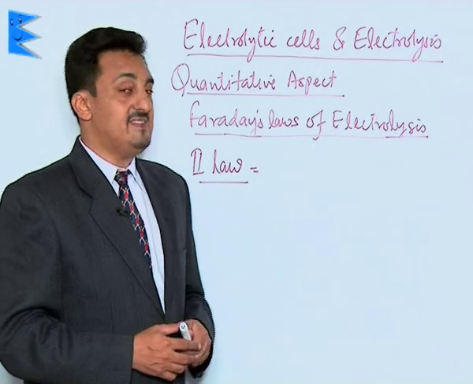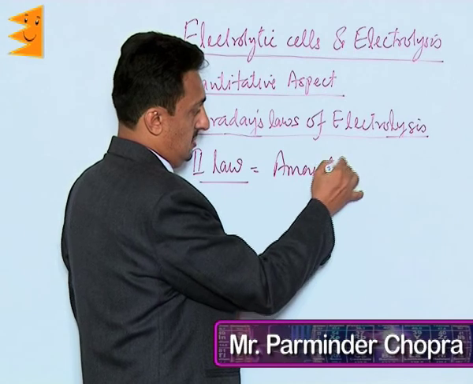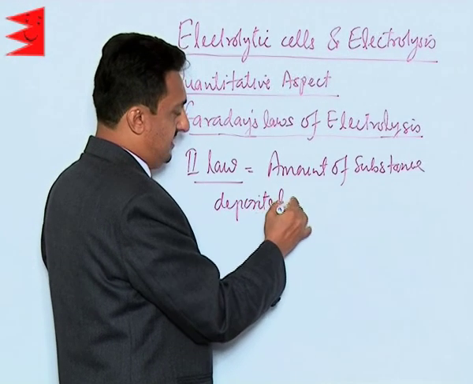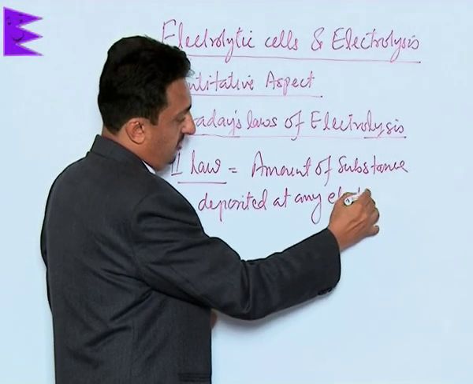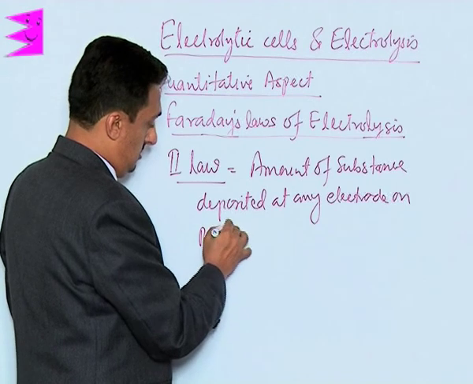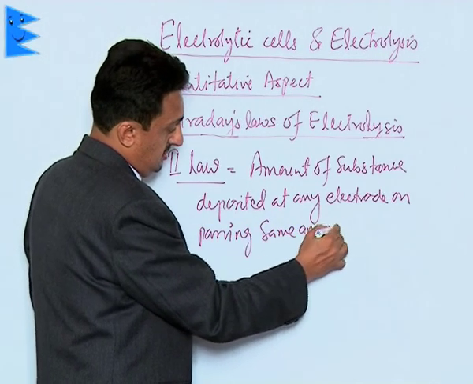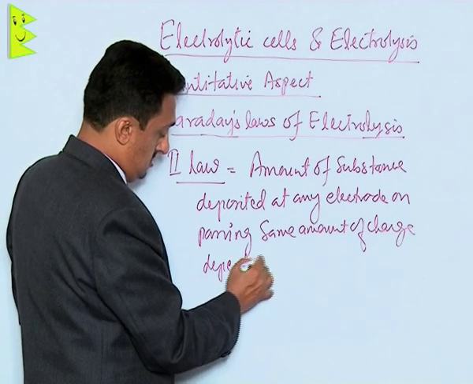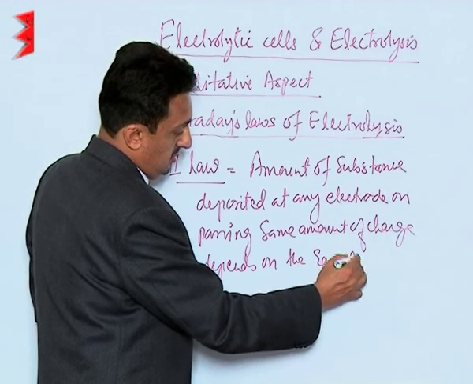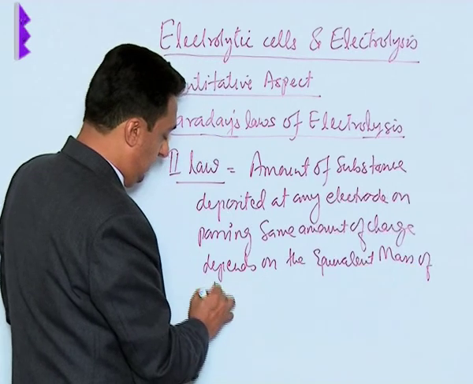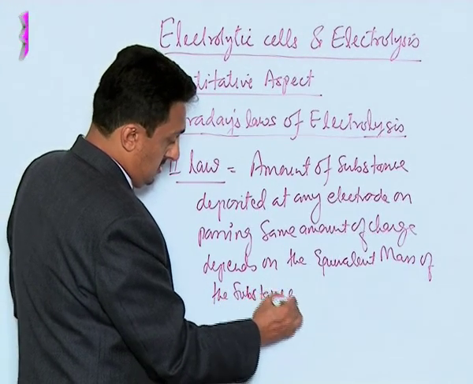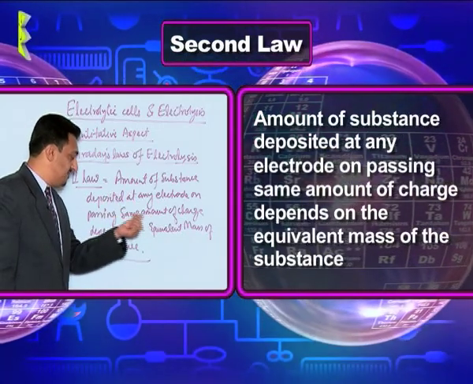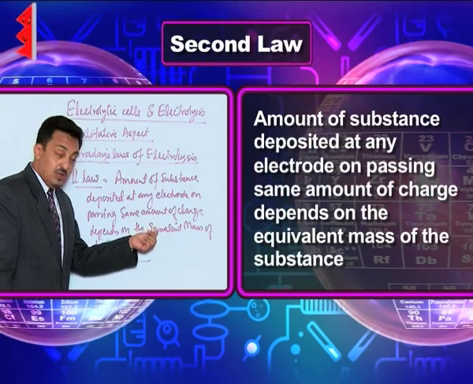Second law of Faraday states that the amount of substance deposited at any electrode on passing the same amount of charge depends on the equivalent mass of the substance.